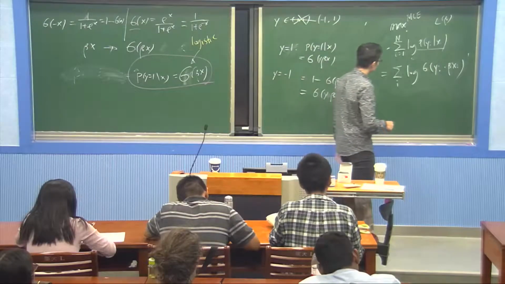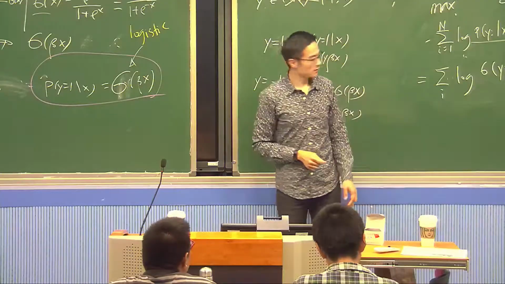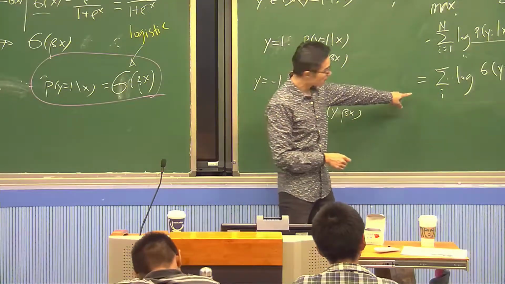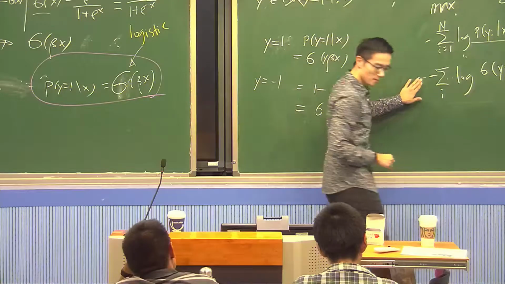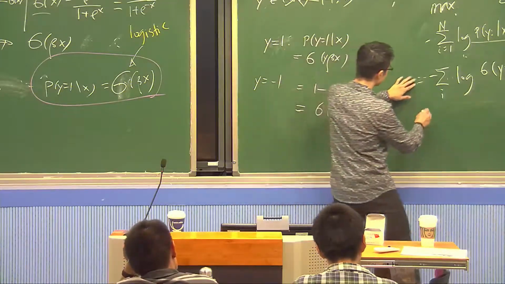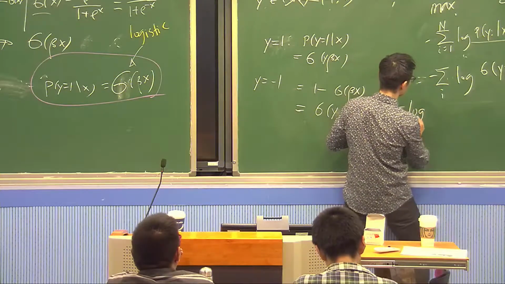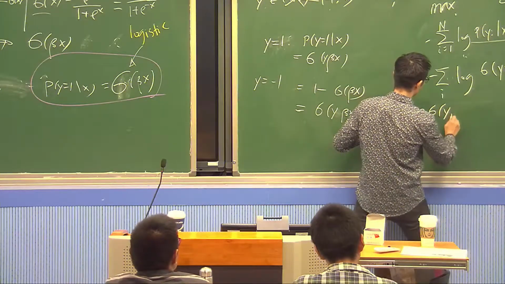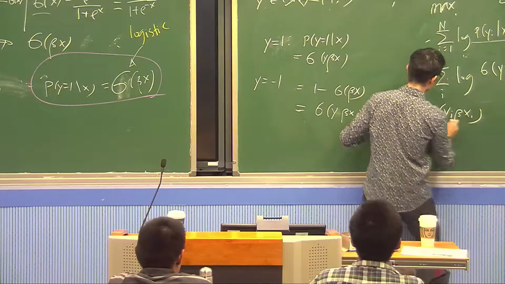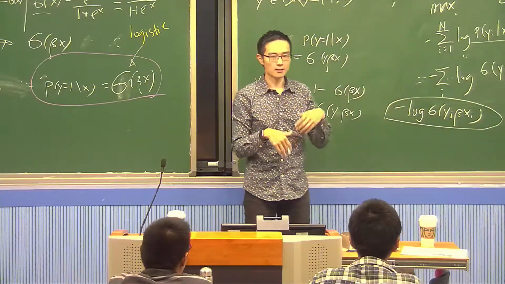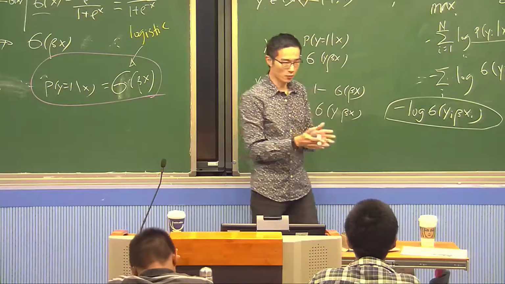So I'm maximizing this, which means I'm minimizing the negative of this, which means that what I'm doing is minimizing minus log sigmoid yi beta xi. This is essentially the cross entropy loss function. That's called a cross entropy loss for logistic regression.